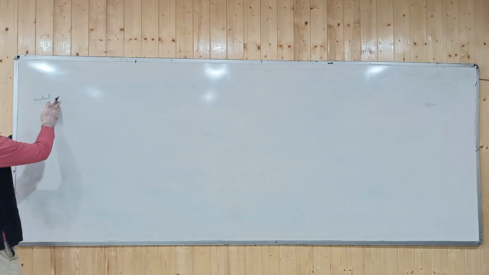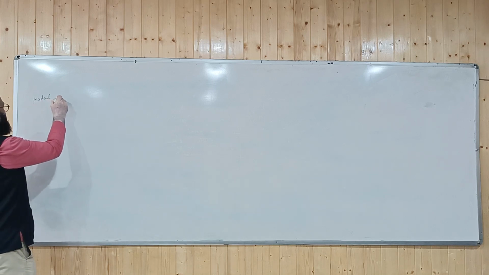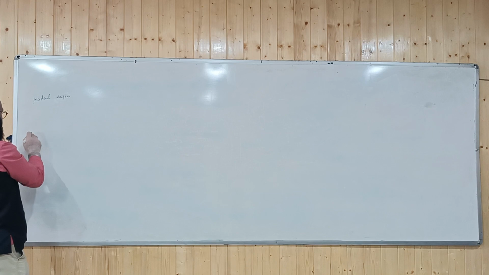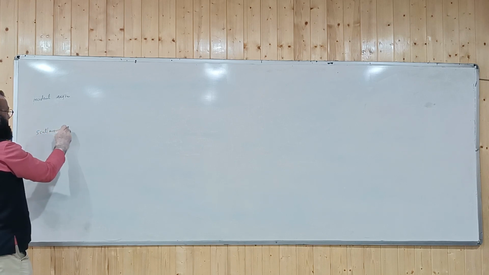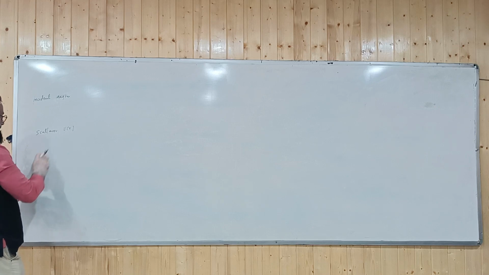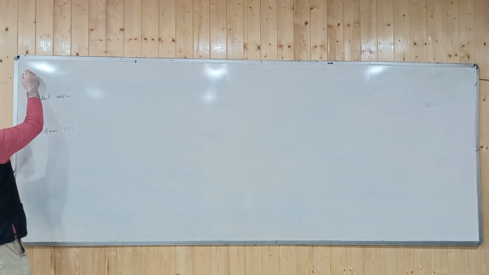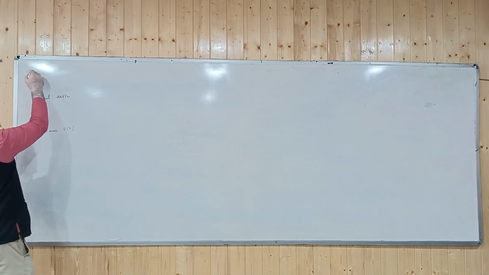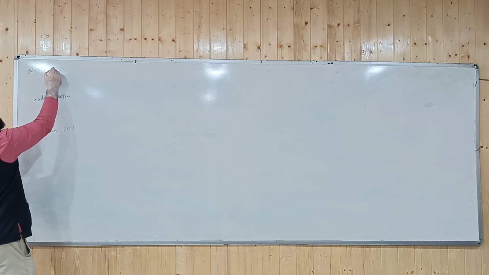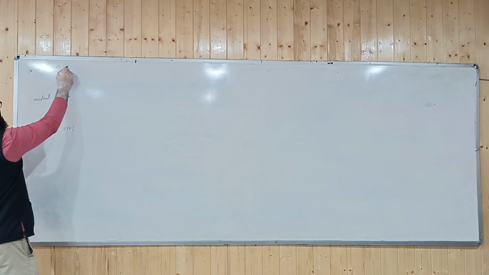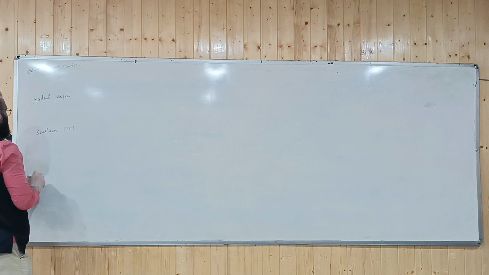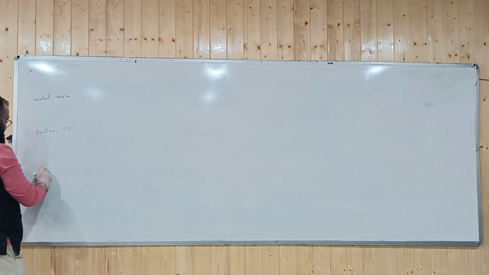You have an incident wave, or the incident region. Then you have the scatterer. These are the three regions given by some potential. What is the condition of the potential here? It is spherically symmetric. And then you have the scattered wave.